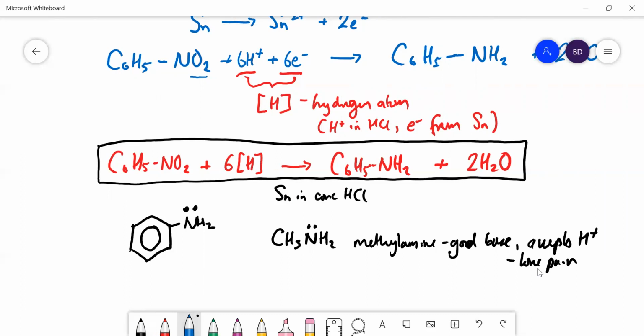This is a very poor base because the lone pair is not available to pick up H pluses, as it's partially delocalized over the benzene ring. Incidentally, that makes the benzene ring more susceptible to electrophilic substitution because you've got a higher electron density on the benzene ring, as this lone pair is partially delocalized in there.